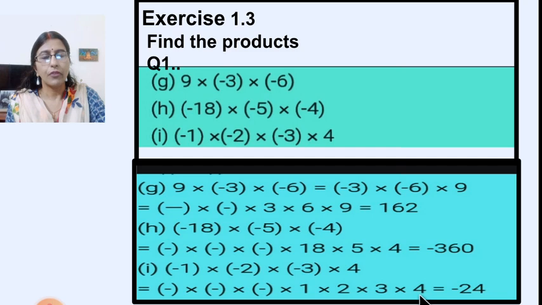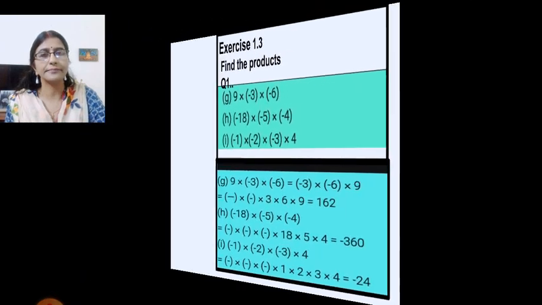And then for finding the product, first we'll multiply these. 1 into 2 is 2, into 3 is 6, 6 fours are 24. So 24, and then we'll see the sign here. These 2 negatives will become positive, and then positive into negative will become negative. So you will get the answer negative 24. Now this is the way you have to find out the product.